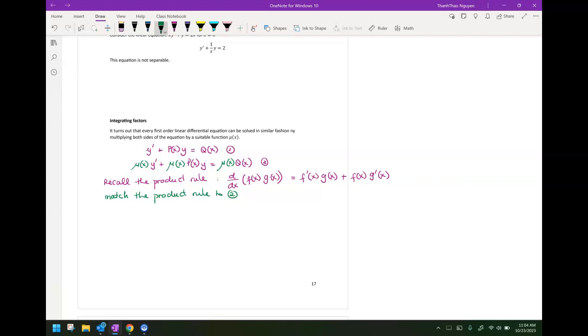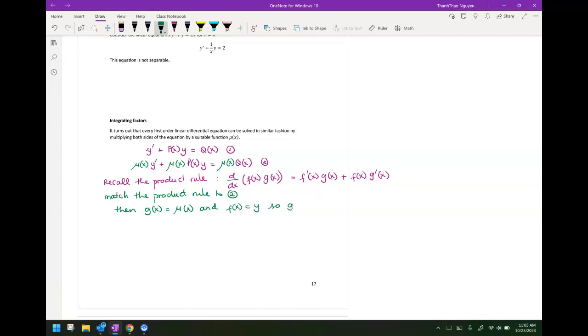Then I can see that g(x) is mu of x and f(x) is y.